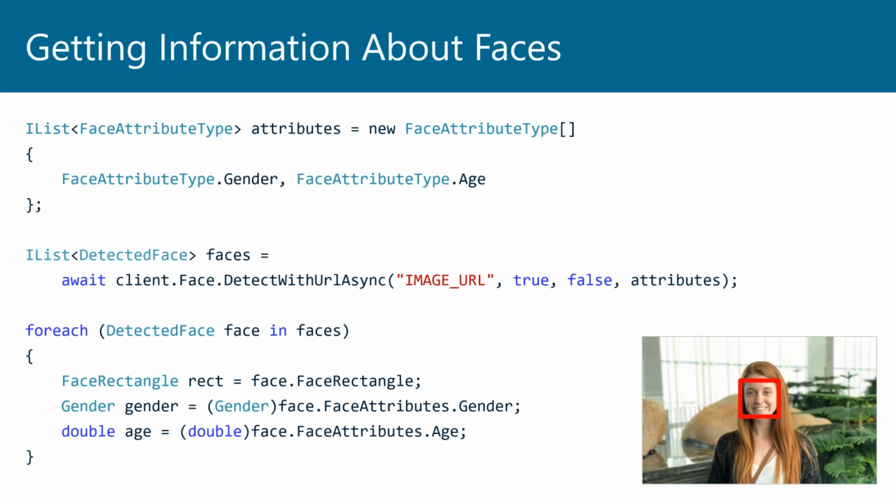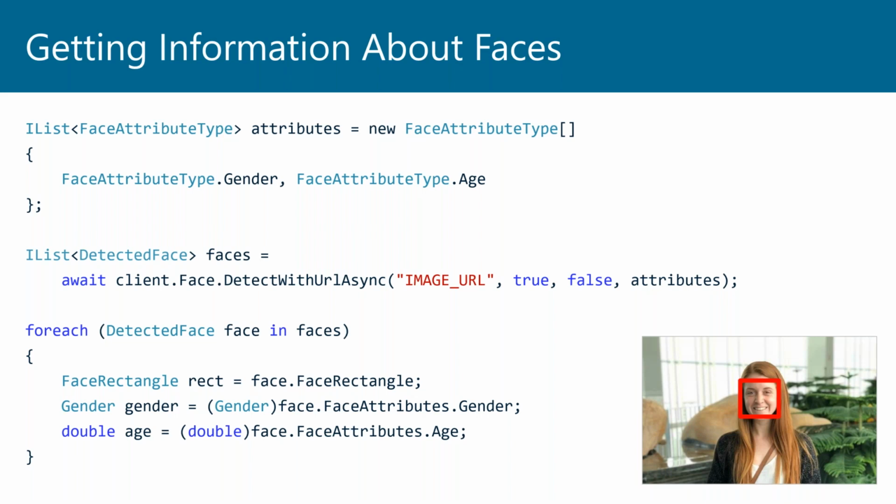You can also ask it to give you more information about those faces. Here, I'm making the same call to the detect with URL async method, but I'm also passing in a list or collection of face attribute type objects that tell the API what I'd like to know about this picture. Here I'm asking for the gender and the age of the faces in the picture.